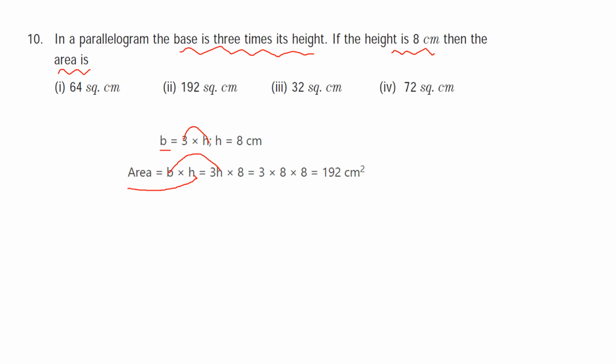H is 8 centimeter, so you write 3H into 8. For that H we can write again 8. So 3 into 8 into 8. So 3 8s are 24, 24 8s: 4 8s are 32, 2 8s are 16 plus 3, 19. 192 centimeter squared is the area.